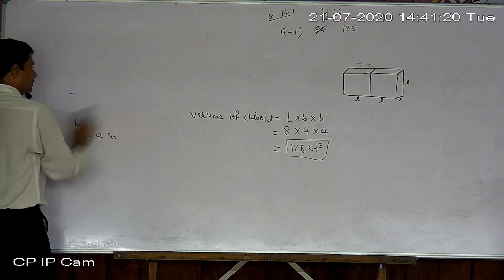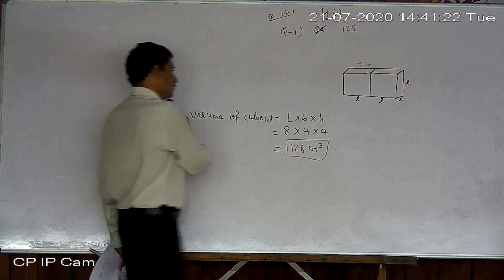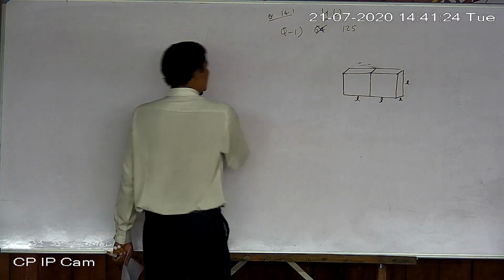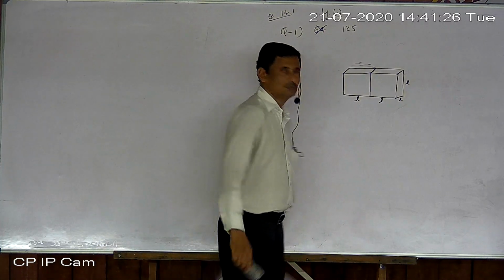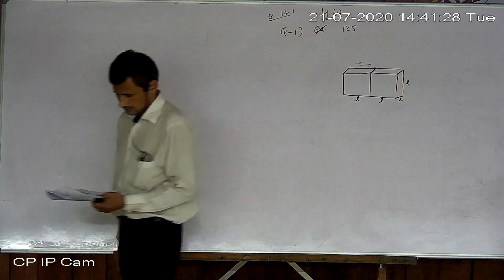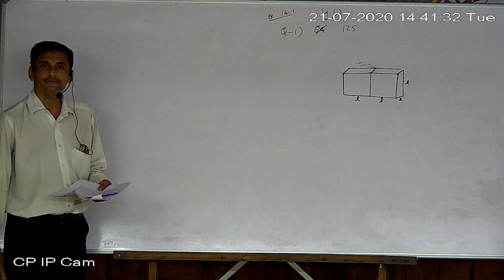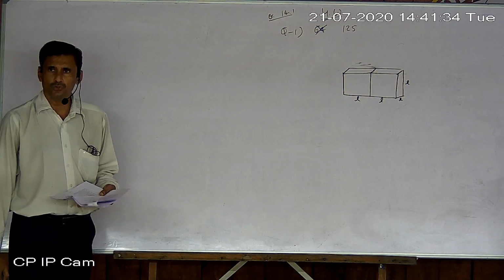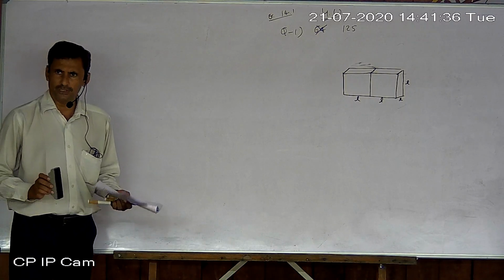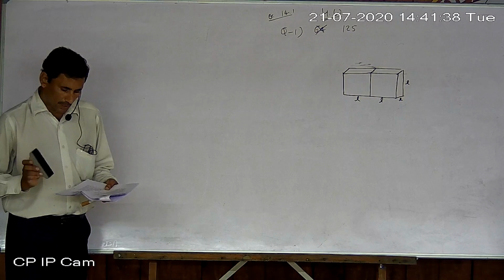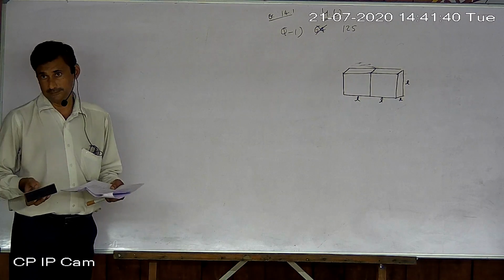Just read it. You should always have the textbook open whenever you attend class. A vessel is in the form of a hollow hemisphere. Hollow. Mostly shapes are hollow only. Mounted by a hollow cylinder.